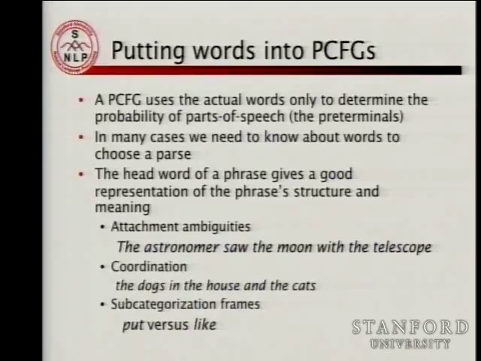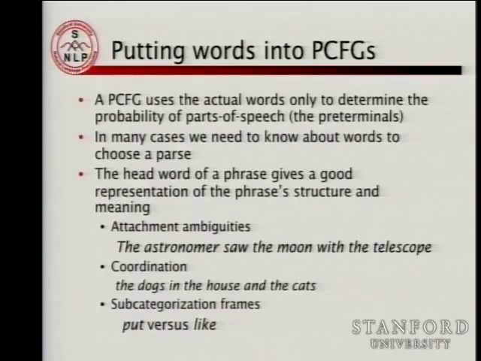But if you think about it a little bit with PCFGs, a naive PCFG doesn't actually have any ability to get that right, because it's just going to have rules like verb phrase goes to verb, noun phrase, prepositional phrase; noun phrase goes to noun phrase, prepositional phrase; then rules like prepositional phrase goes to preposition, noun phrase; and a rule like preposition goes to with.